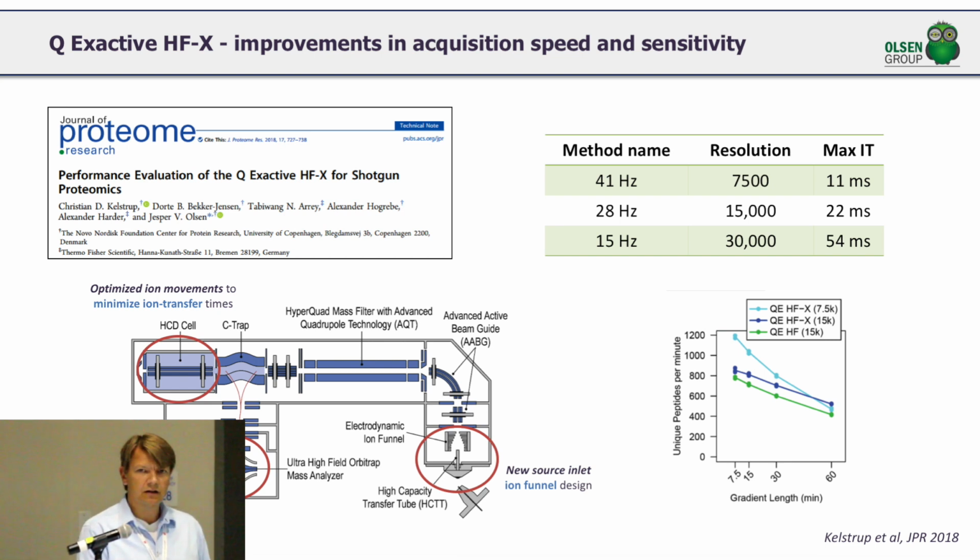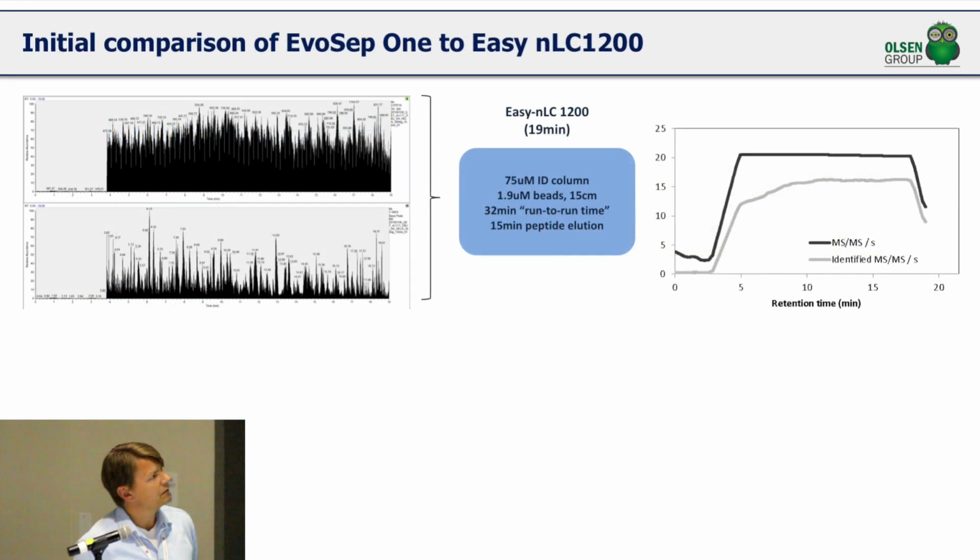Of course, that fits very well with the EvoSep system, so we thought that this would be a nice system to benchmark against our standard Easy-nLC 1200 system that we normally use in the lab. So far we've been using it with these 15-minute gradients, but unfortunately with the loading and the equilibration of the columns and the washout, we typically have an overhead time of almost twice or more than the actual analysis time, the gradient time.